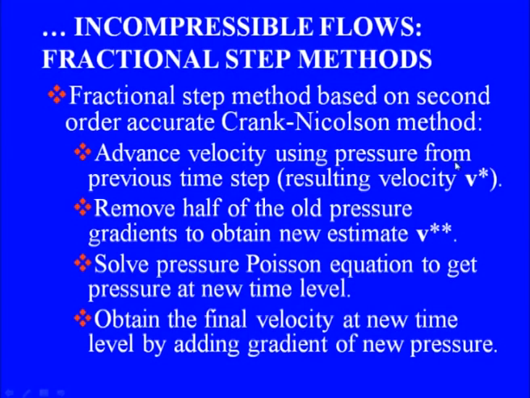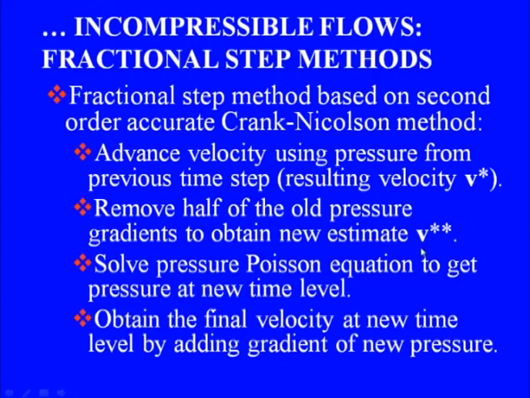Okay. So, these were the formal steps: advance velocity using pressure from the previous time step, we obtained the resulting velocity which we called V star, and then from this velocity field V star we removed half the old pressure gradients to obtain a new estimate V star star. Now, this was used in the derivation of the pressure Poisson equation.